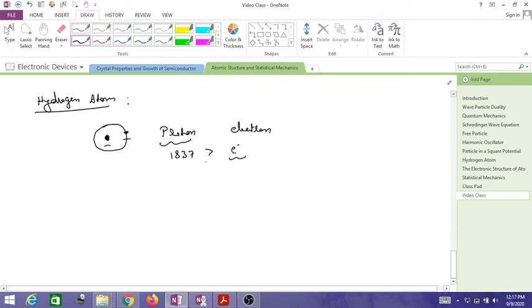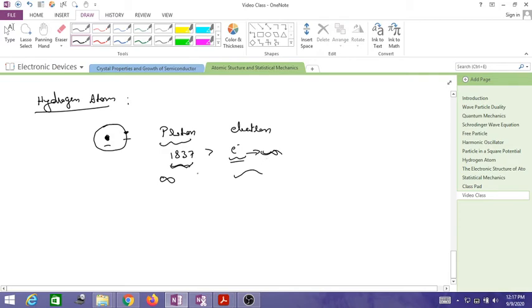So the mass of the proton is considered infinite compared to the electron, and the movement of the electron is considered as a wave motion in a Coulomb field of a fixed nucleus. So the motion inside the system is because of this electron's wave-like motion that we are going to consider.